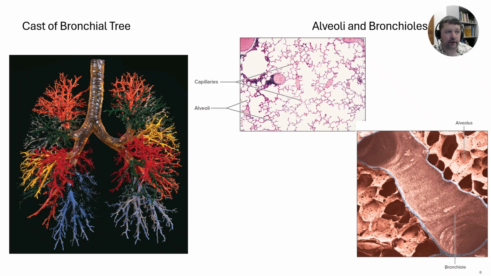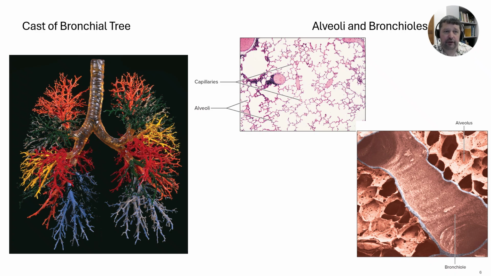Here you can see a cast of the bronchial tree. Again, you can see that it's lots of branches, lots of regions for transfer of gases. The more surface area you have, the higher the capability of transferring gases between a liquid, or in this case, cellular components and the atmosphere.